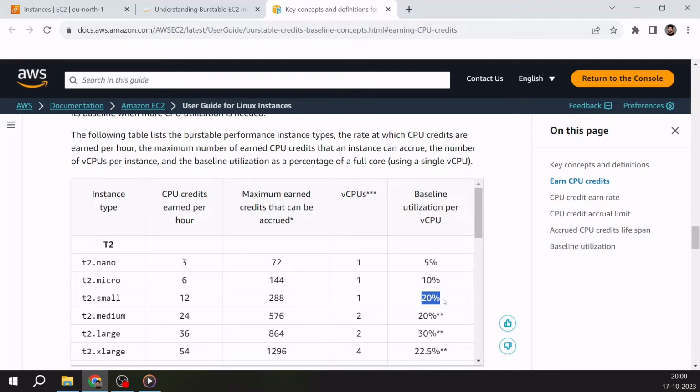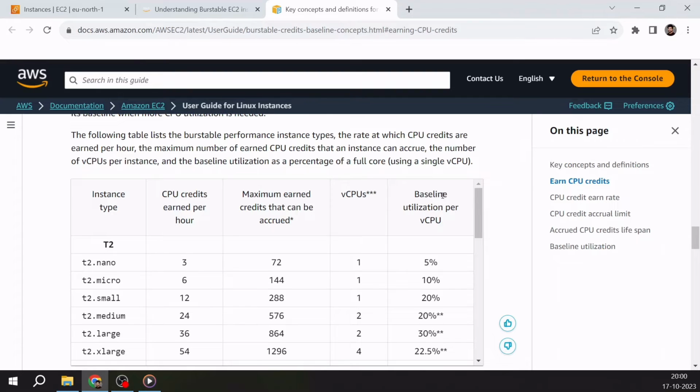So what happens in that case? You are earning 12 credits per hour, so it will only consume 6 credits, and you will be basically saving 6 credits to be utilized at a later point of time. So if you are not utilizing your EC2 instance up to the baseline, then you are actually saving your CPU credits, which will get accumulated.